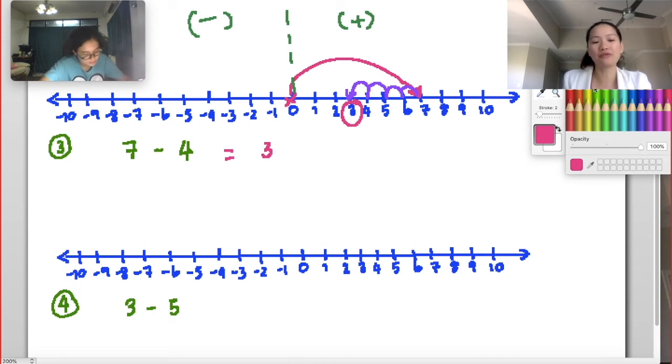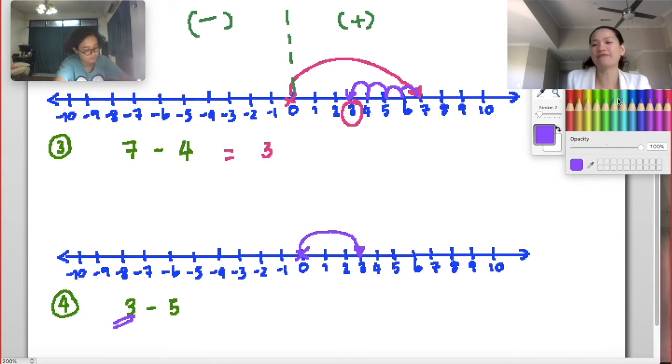Now, number 4. 3 minus 5. What we should do first is start from 0. We go to 3, yeah? How can I do it, Layla? Number 4, 3 minus 5. How about we count 3 first? 1, 2, 3. You can do it like this, or you can count 1, 2, 3 and go at the same time. It's up to you. Okay?